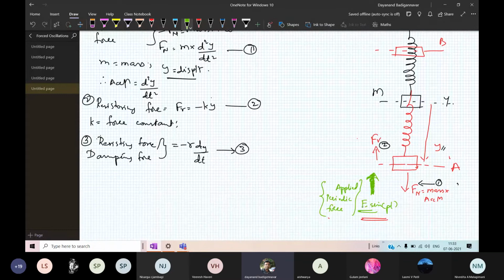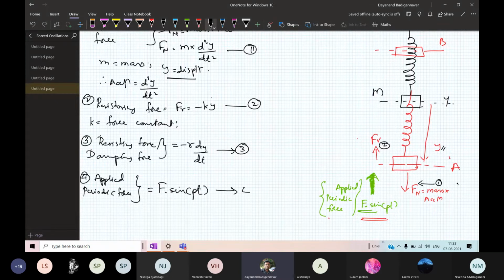So the fourth one is the new one that you have, that is called the applied periodic force. It is given by F sine of pt. This I have taken as equation 4.